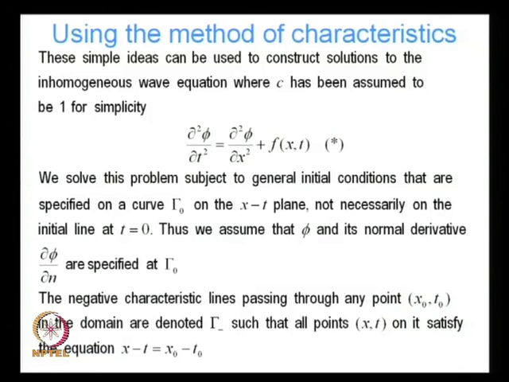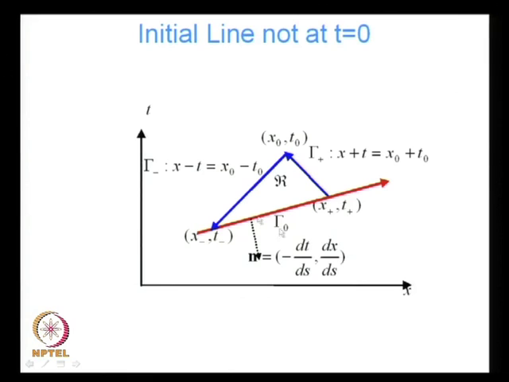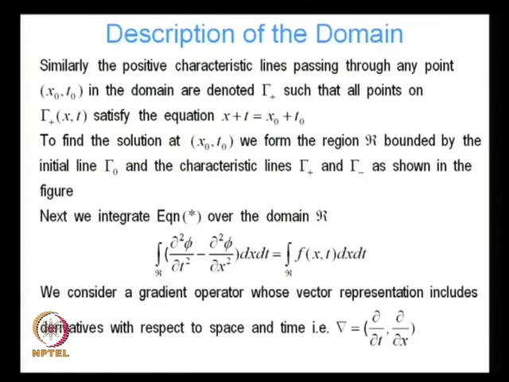So, to fully define the problem, not only do we need to specify phi along this red line, we also need to specify its derivative, how phi is varying in the direction of the normal to this line at different locations along that line. So, these are the initial conditions that we need to specify along gamma 0.